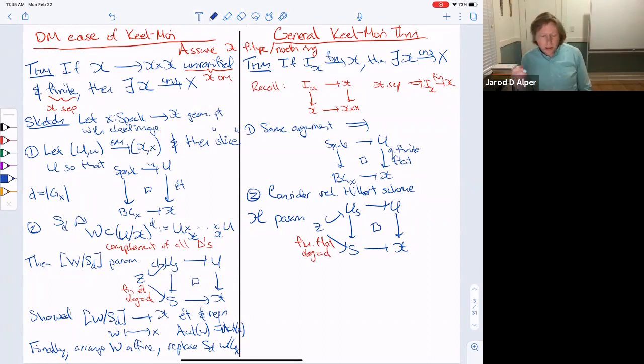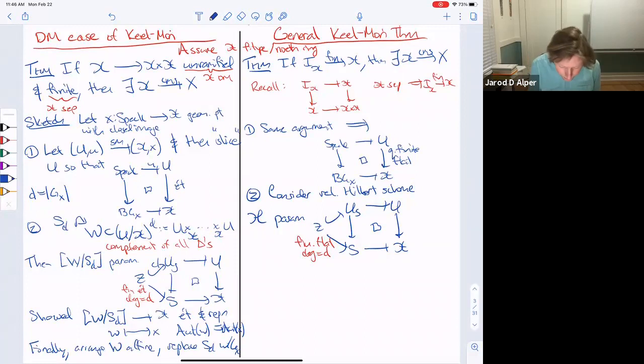But yeah, you need to use this relative Hilbert scheme, but since U over X is representable, there's no real issue in constructing this Hilbert scheme if you rely on the existence of Hilbert schemes in the case of schemes.